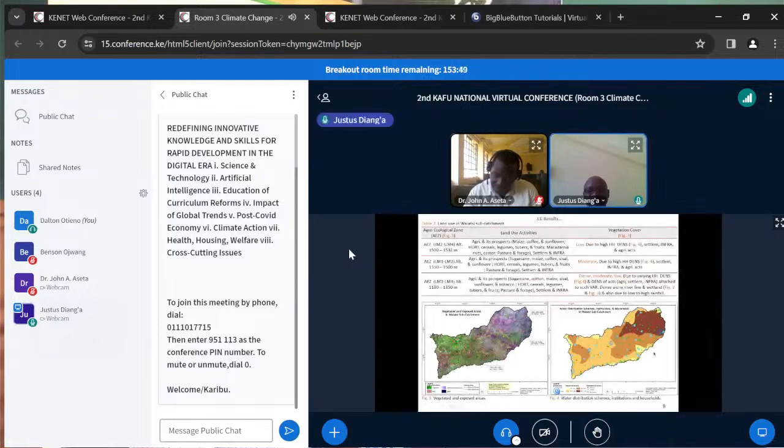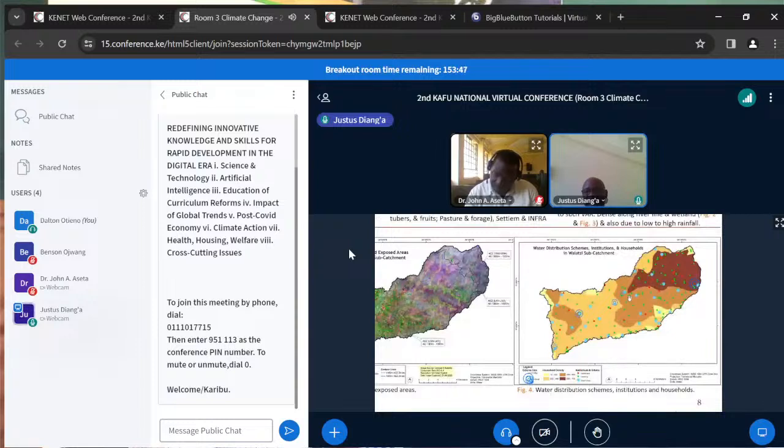So this is how the demand is distributed, and we have water supply schemes which are matched to the density or where the demand is.